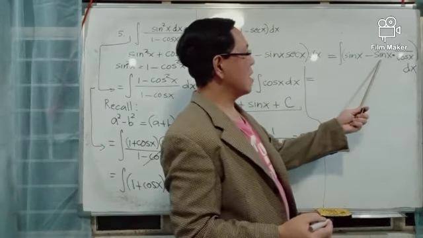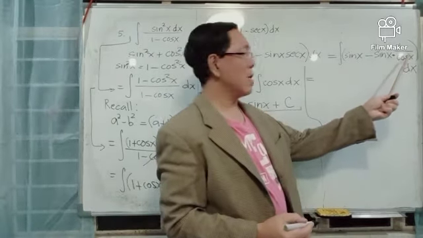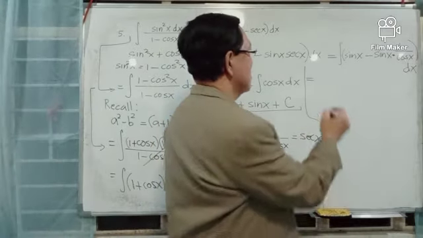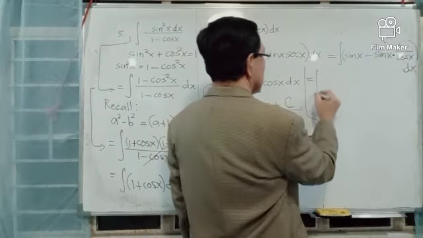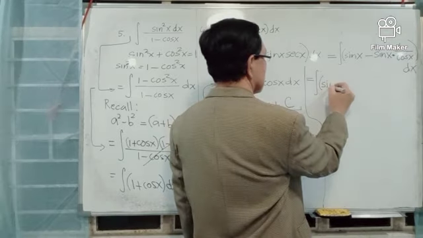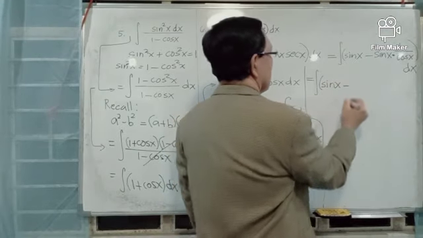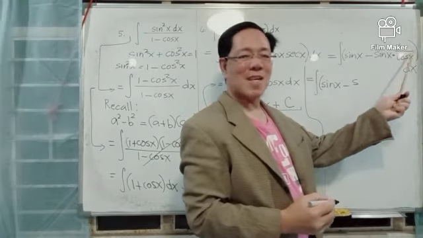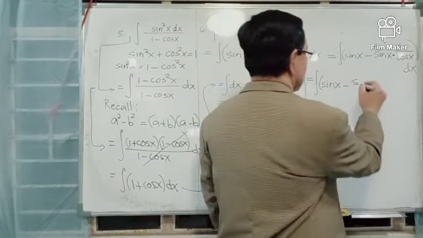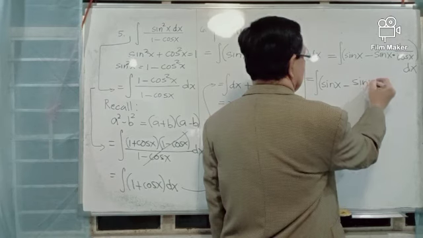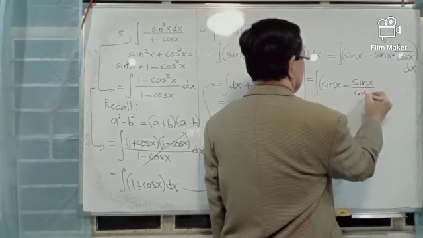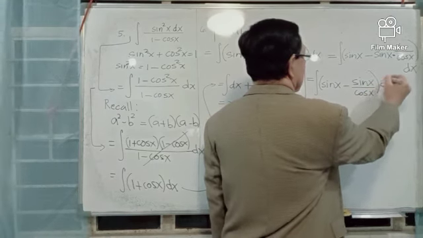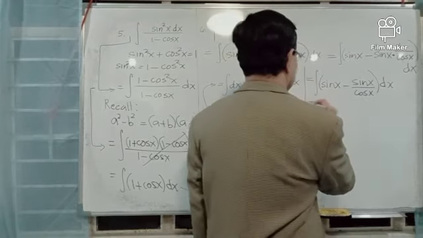We multiply sine x by 1, which is sine x over cosine x. This is now equal to the integral of sine x minus sine x multiplied by 1, which is sine x over cosine x, integrate with respect to x.